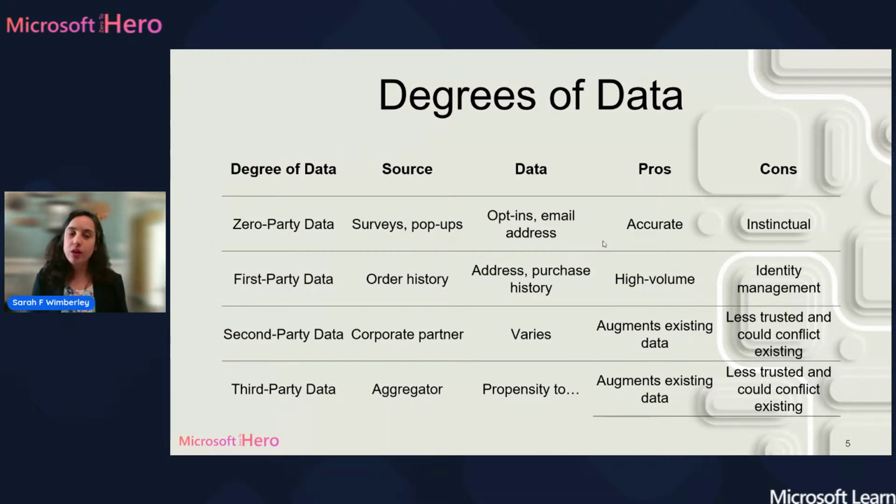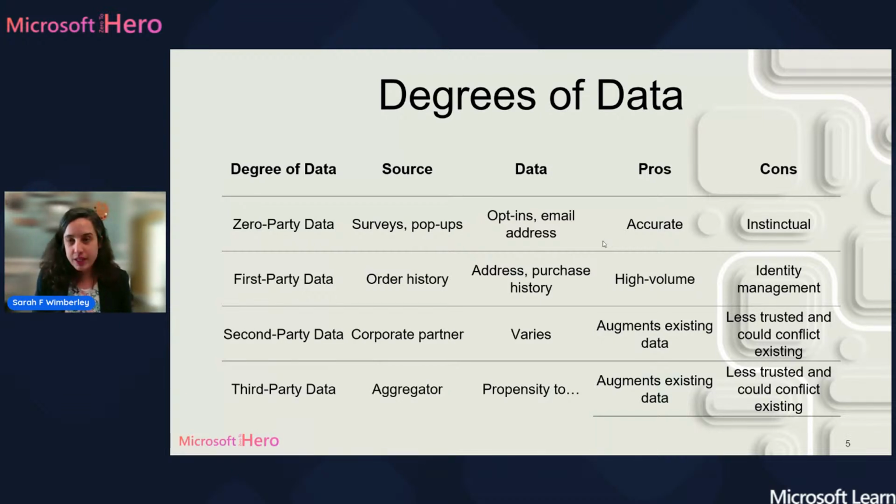So they place an order, they're sharing their information with you, but not as directly, because you're not necessarily explicitly telling them, unless your organization is. You might not be explicitly telling them upfront that you're going to use their email for marketing, or use the other data that they have to market to them in the future. So this first-party data is normally high volume if you have a well-oiled machine of a business.